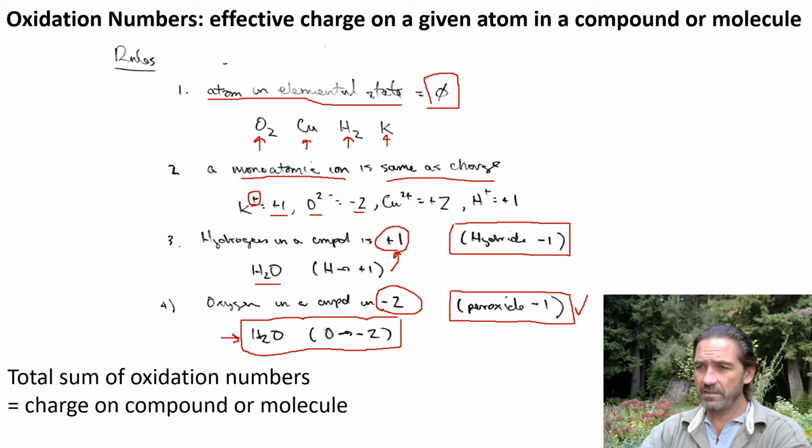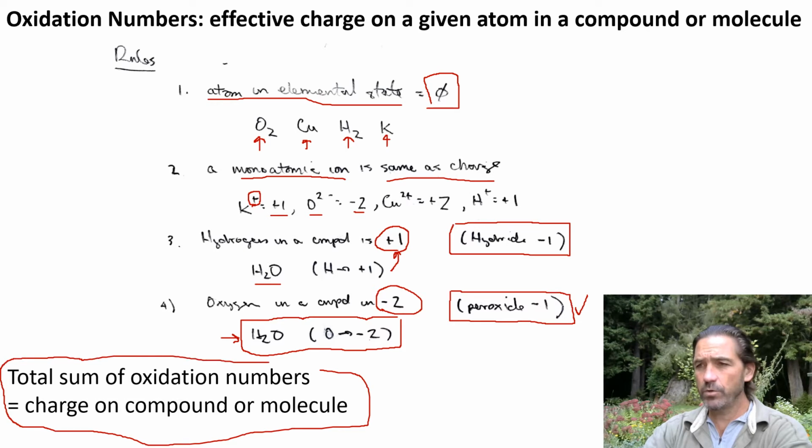There are obviously lots of elements that we did not mention in these 4 simple rules, but I'm going to show you how to use them. Note too that the total sum of the oxidation numbers of all the atoms is equal to the charge on the compound or molecule.